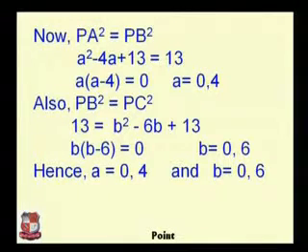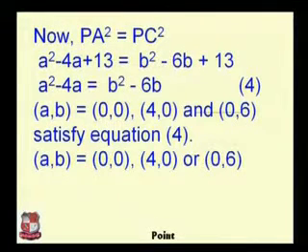Now PB square is 13 and PC square is b square minus 6b plus 13. So we have 13 equal to b square minus 6b plus 13. So 13 is common on both sides, so we get b square minus 6b equals 0. So b is equal to 0 or 6. Hence a is equal to 0 or 4 and b is equal to 0 or 6.